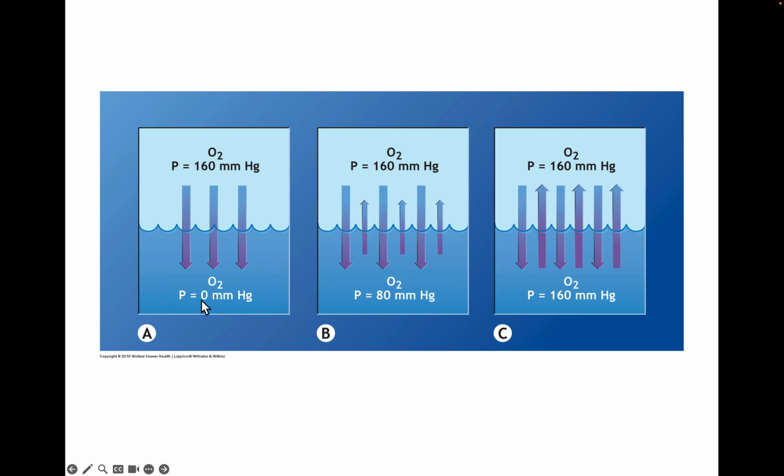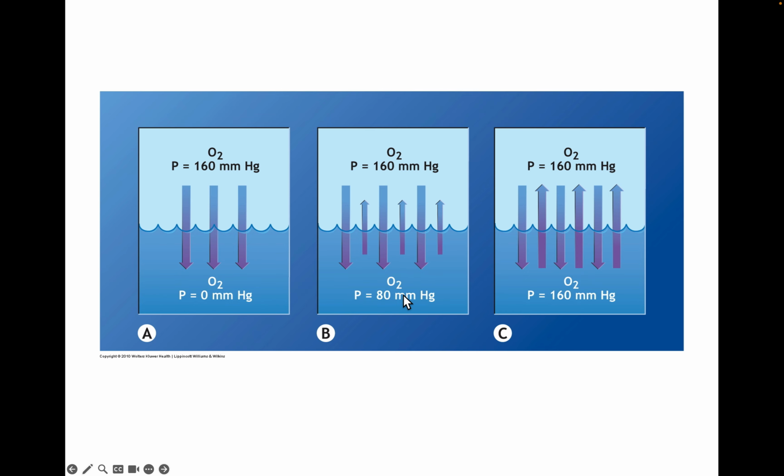For these oxygen molecules to diffuse across this barrier, gases always want to go from an area of higher pressure to lower pressure. So there's high pressure here, because there's a ton of oxygen molecules, compared to low pressure here. Therefore, oxygen is going to travel towards this area of lower pressure. That's diffusion happening.